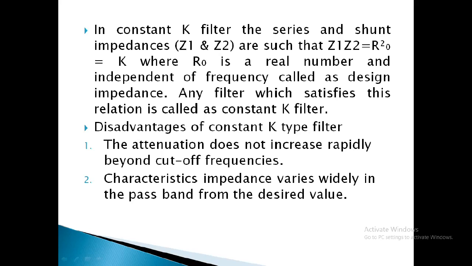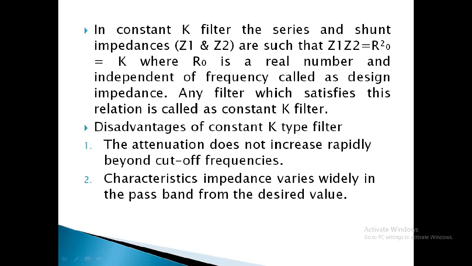In a constant K filter, the relationship between series arm and shunt arm impedance is such that Z1 into Z2 is equal to R0 square, that is equal to K, where Z1 is the series arm impedance and Z2 is the shunt arm impedance, where R0 is a real number and independent of frequency, called the design impedance. Any filter which satisfies this relation is called a constant K filter.